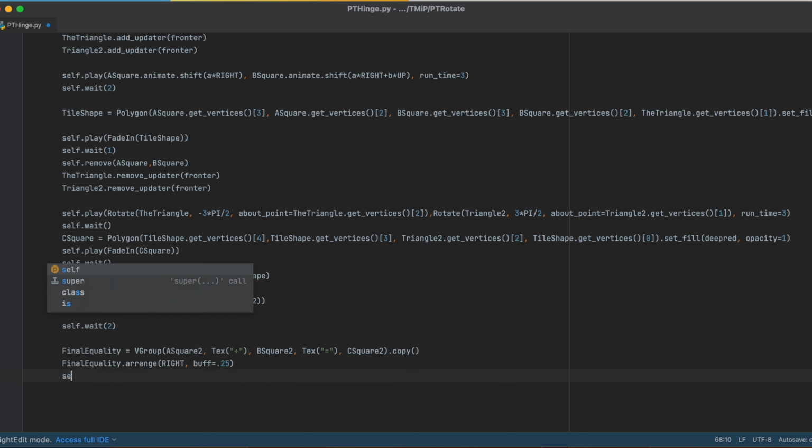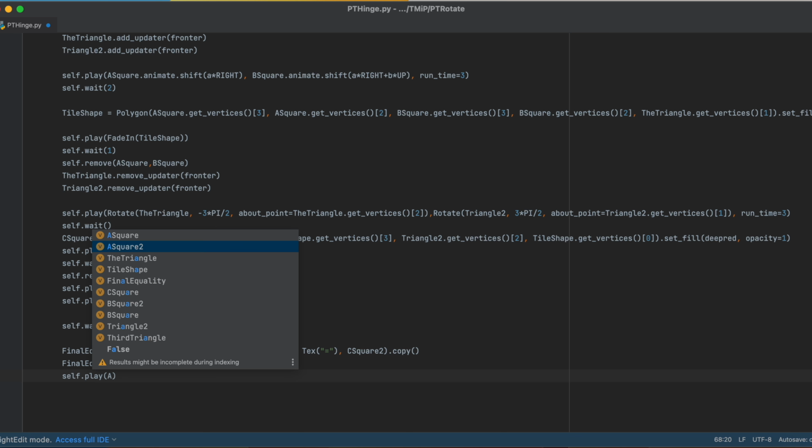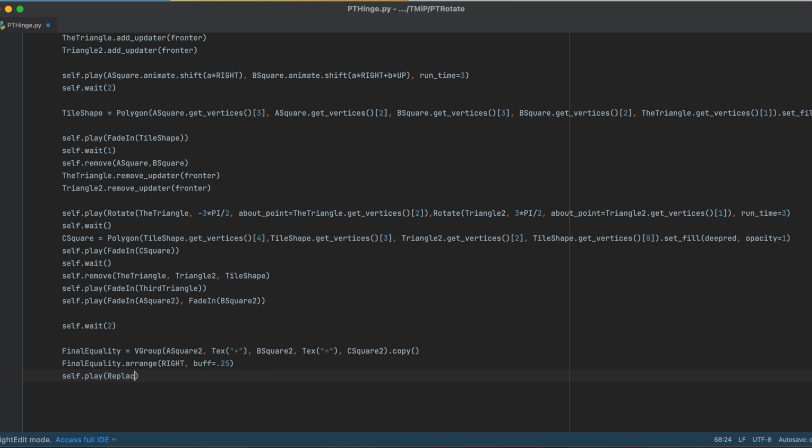And then what I want to do is I want to morph all those things in there. So I want to take a squared 2. I want to do a replacement transform. I want to take a squared 2 and I want to turn it into final equality 0. So the 0th object, which is right there. And I want to do that sort of for all the b squares.